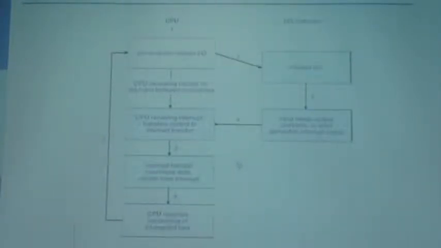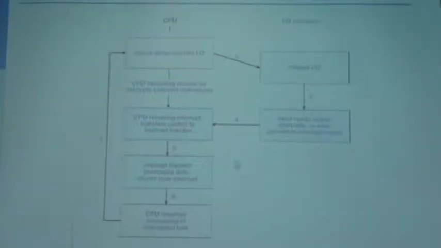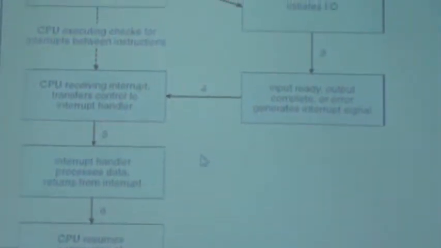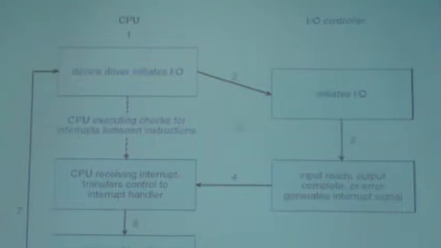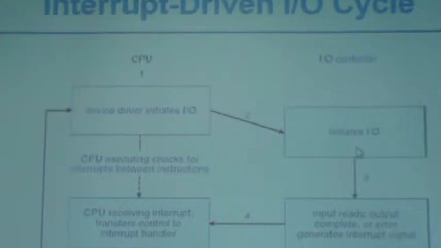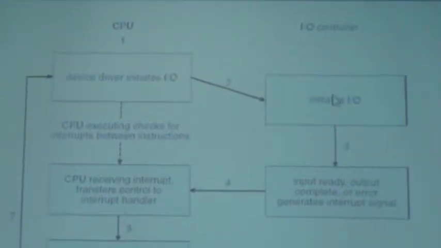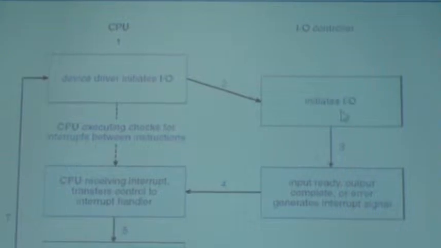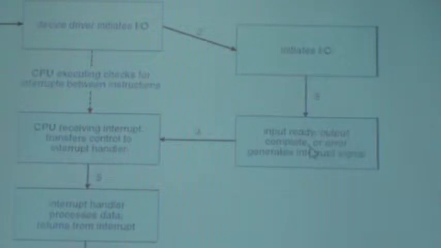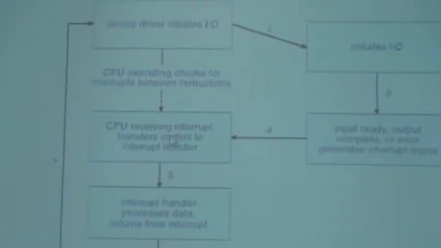This is the diagram showing how interrupt-based I/O works. This is the CPU, your processor part, and this is your I/O controller. From the CPU, you want to initiate the I/O and send the interrupt signal to the I/O controller. Then the I/O controller realizes there is a request from the CPU, sets the register to be ready, and informs the CPU.